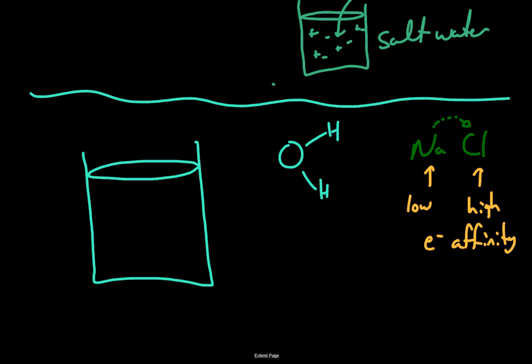Now, if we go to the other end of the spectrum, and let's say we just have something like Cl and Cl. Now, both of these have an equal electron affinity, right? So what we can say then is there is no difference between the electron affinity. So the electrons that are in this bond essentially rest exactly halfway between the two atoms, all right?